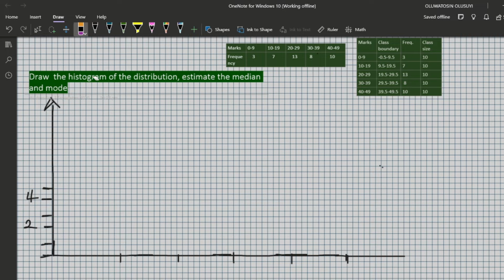So I have the 4. This is 6. So this is 8.